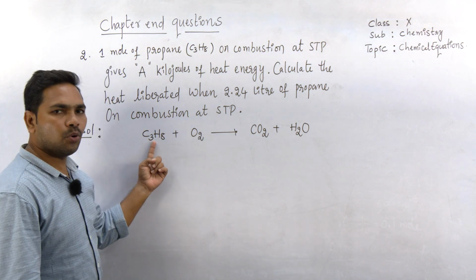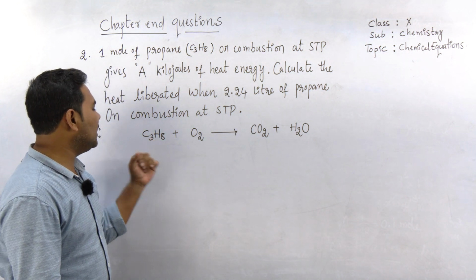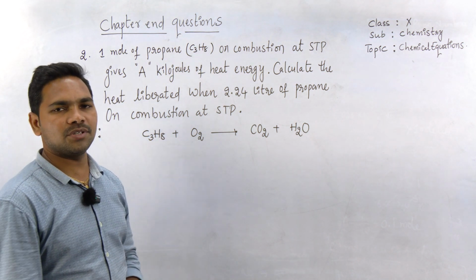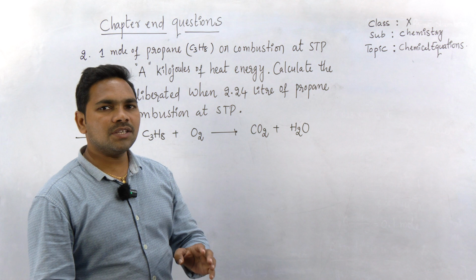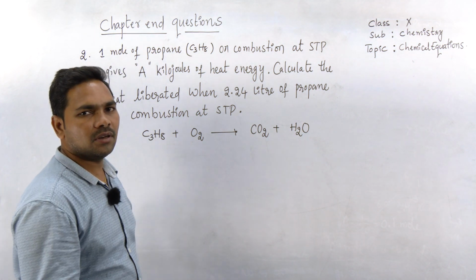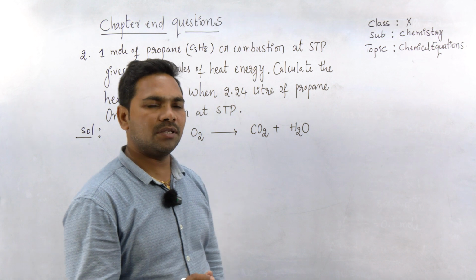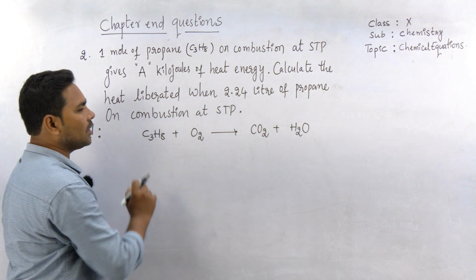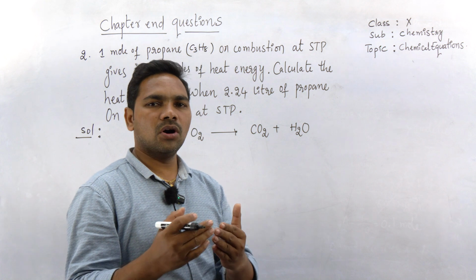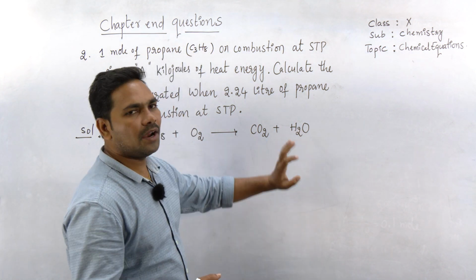You see propane here, C3H8, is a compound of only carbon and hydrogen. Such compounds which contain only carbon and hydrogen are called hydrocarbons. When hydrocarbons burn, they always produce carbon dioxide and water vapor.